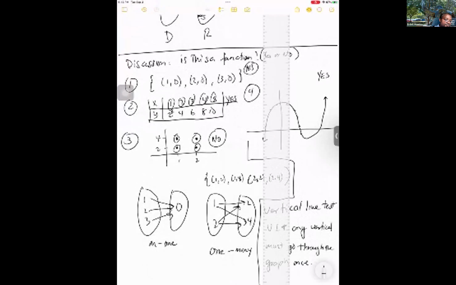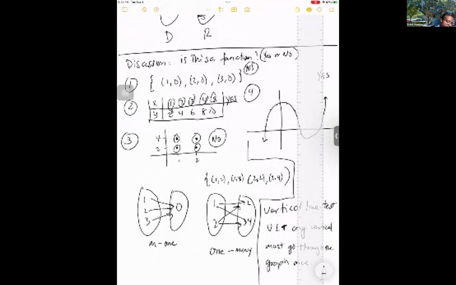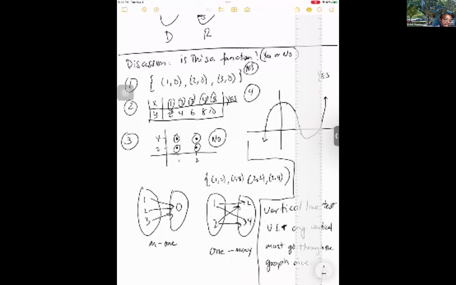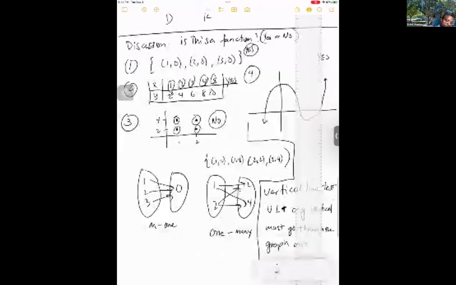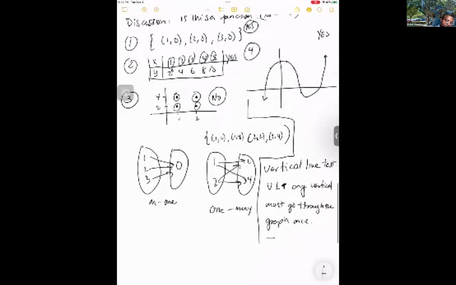Any vertical line that I draw on this graph will go through the graph exactly once. It doesn't matter where I draw the vertical line, that's why we use the word any. And if that's the case, then it is a function.